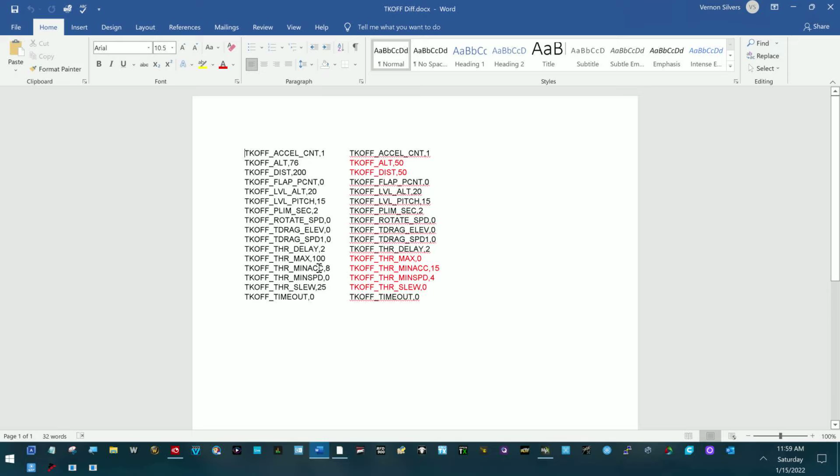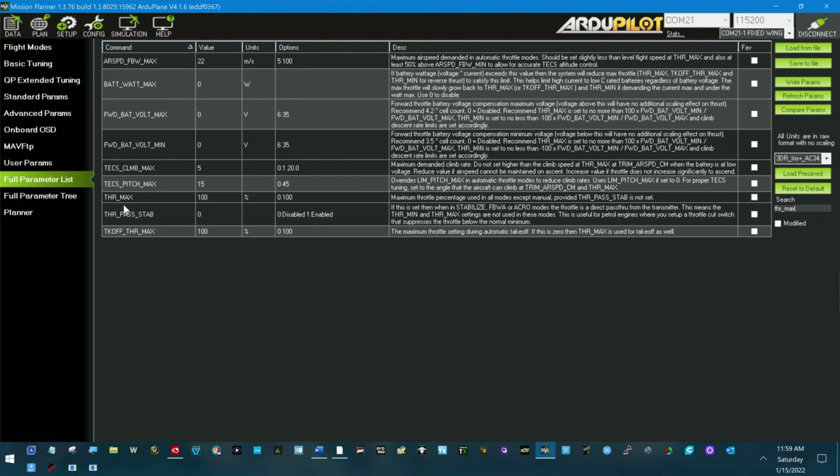So takeoff throttle max, they suggest 100. Mine is set to 0. And the reason for that is if it's set to 0, it goes back and uses this parameter right here, THR underscore max, instead of a value there, which is set to 100.